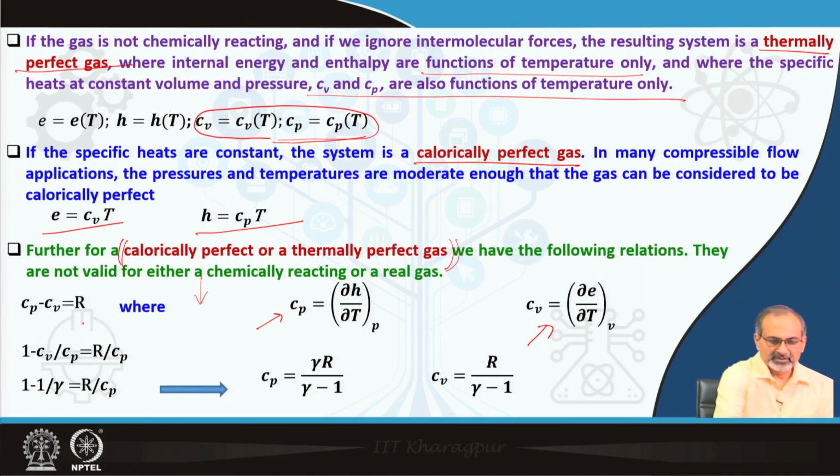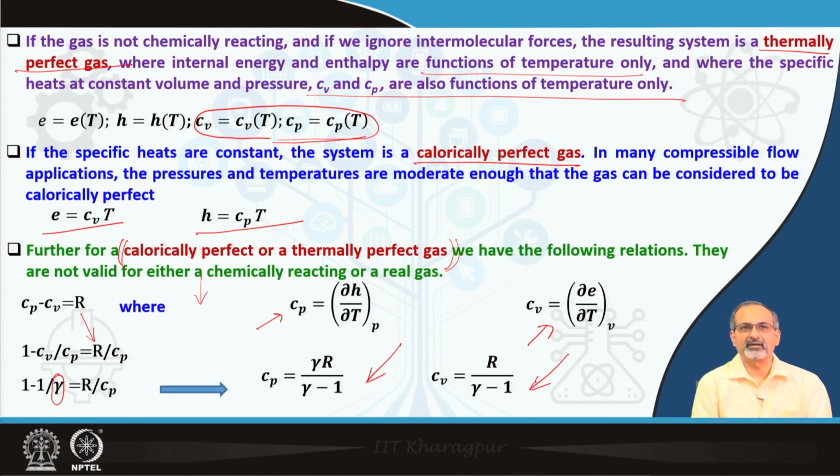And from this equation, by dividing the left and the right hand sides by Cp, you get gamma getting into the equation, which is the ratio of Cp by Cv, and also Cp and Cv getting defined in terms of gamma and R, R being the specific gas constant.